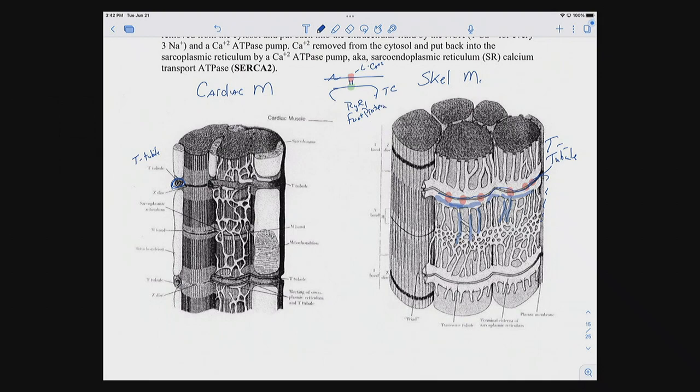And so when this L-type calcium channel, the dihydropyridine receptor, opens up, because it is physically connected to the RYR1 receptor, the change in shape of the L-type calcium channel will also change the shape of the RYR1 and open it up, allowing calcium to flow out of the lateral sacs.